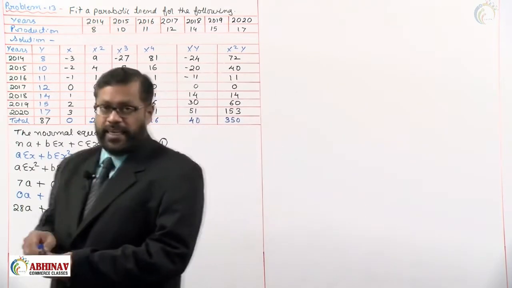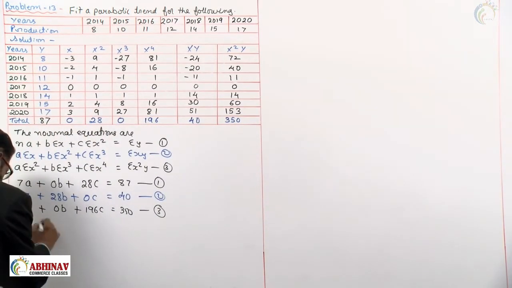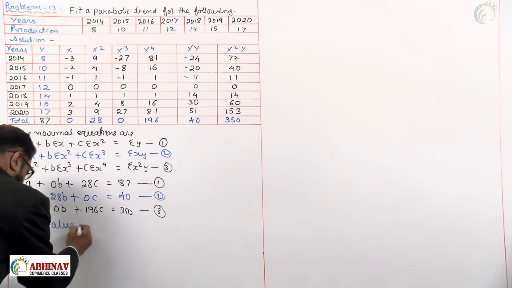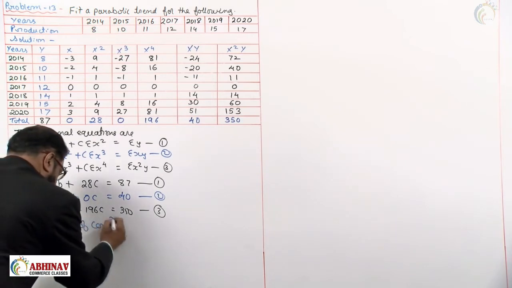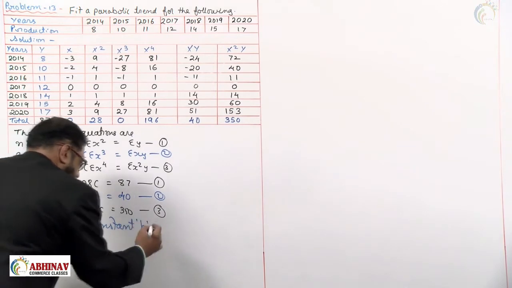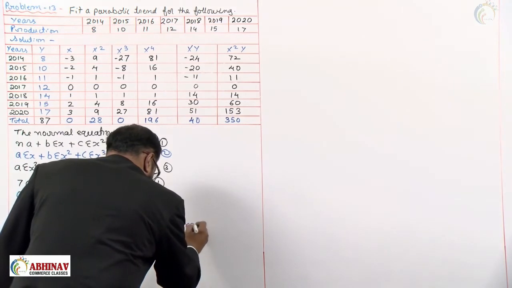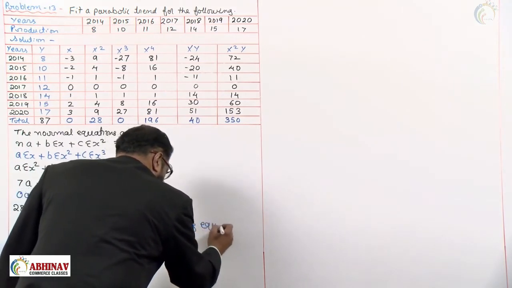So now the next step, after leaving a line, is the value of constant b by using equation 2.